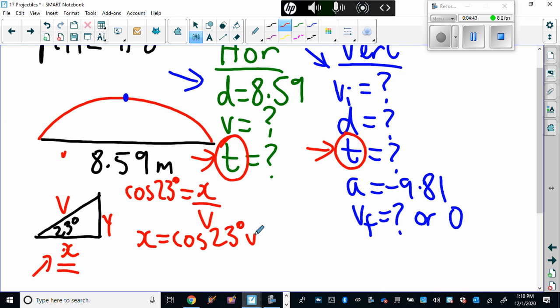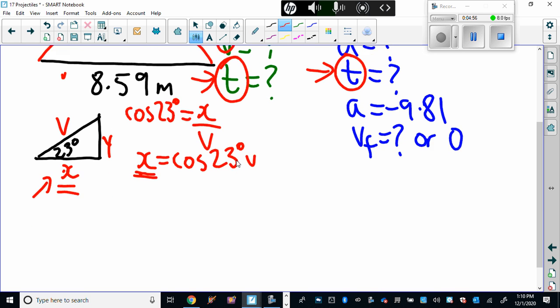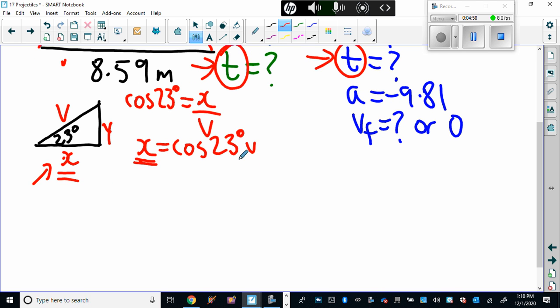Now remember that this x here, that's the horizontal velocity, so it's the same as this thing here. Okay, and therefore, when I write a statement for the horizontal velocity, remember the horizontal velocity always uses only this formula here.